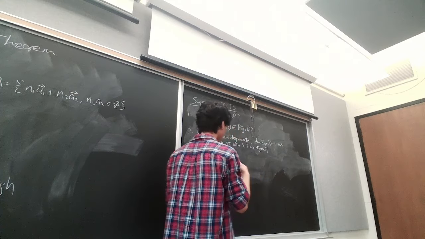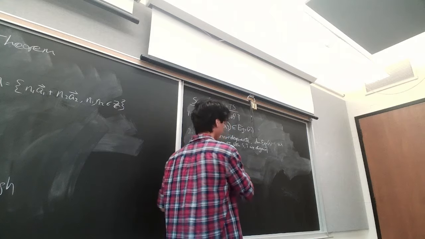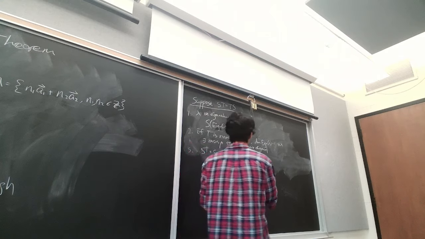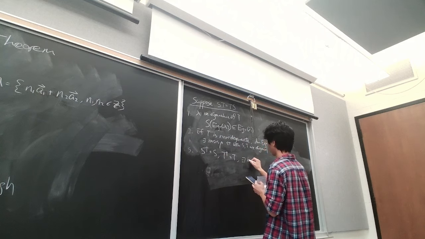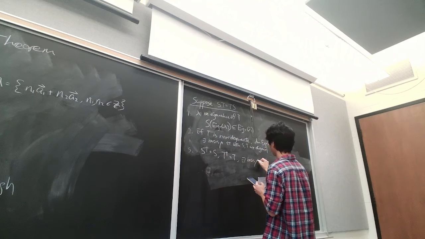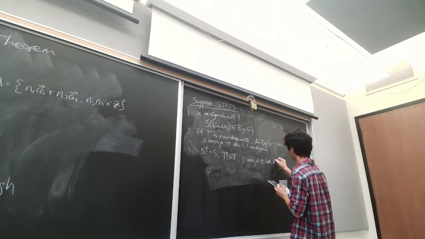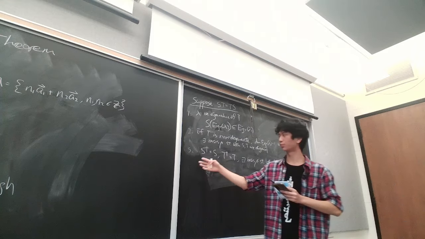We want to prove that there exists some orthonormal basis where both S and T are diagonal. Okay, so how do we prove this?